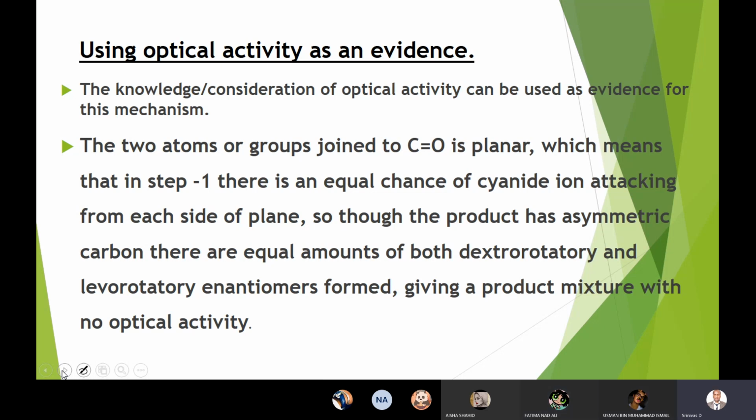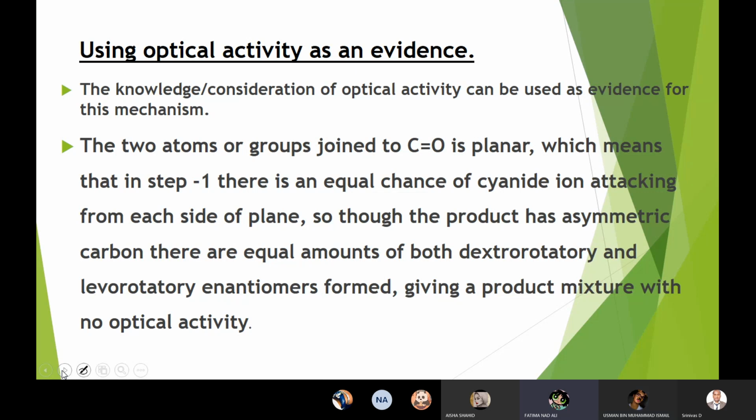Using optical activity as evidence, the knowledge of optical activity can be used as evidence for this mechanism. The two atoms or groups join to the C=O carbon, which is planar, which means that in step 1 there is an equal chance of the cyanide ion attacking from each side of the plane.